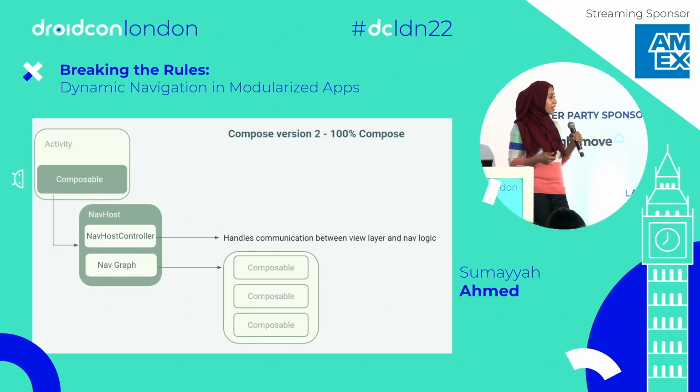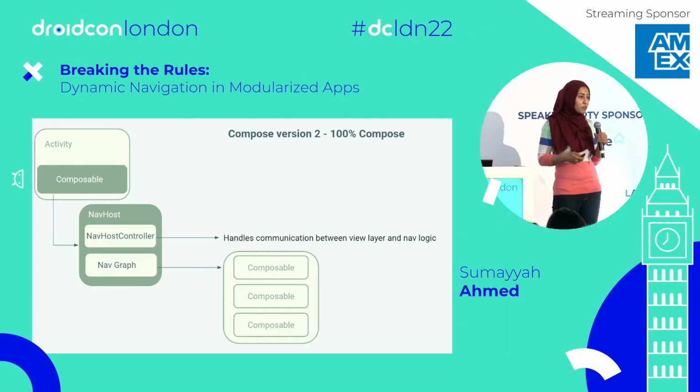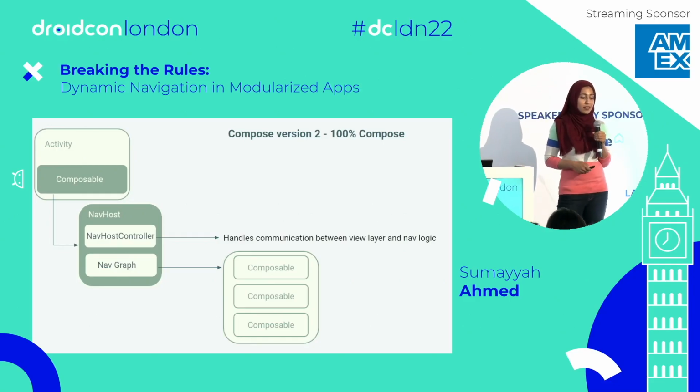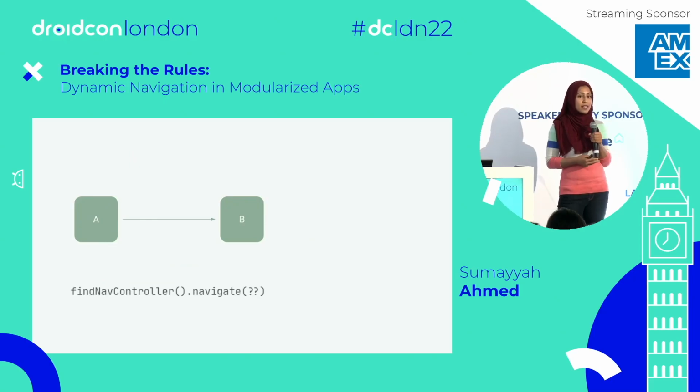You still have a controller, except it's a nav host controller, not that different from a nav controller from a developer's point of view. And then your graph still defines all the destinations that are available to you, except they are now composables.